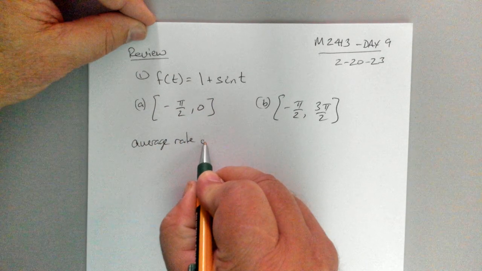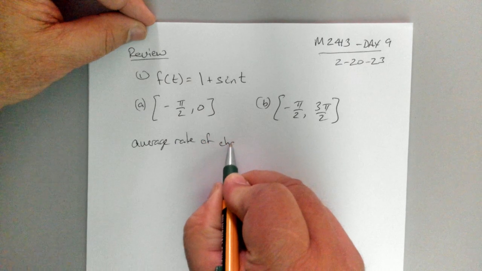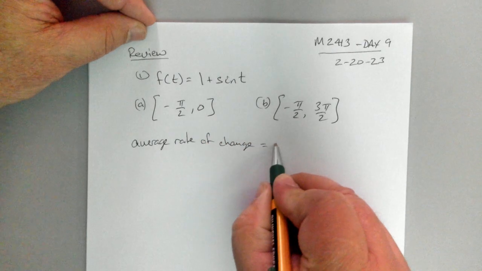So the average rate of change is simply the slope.